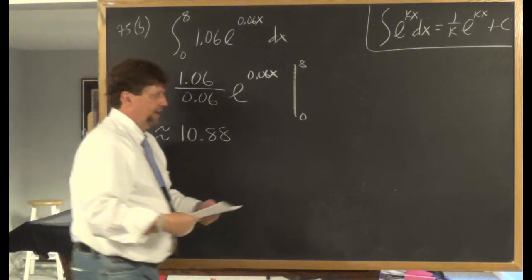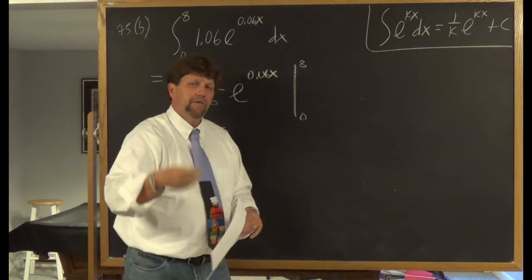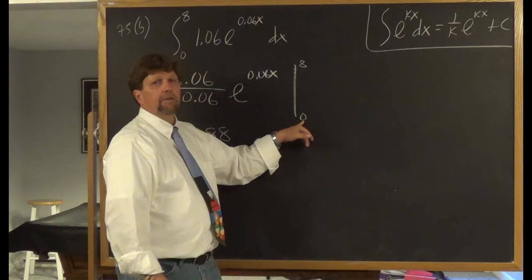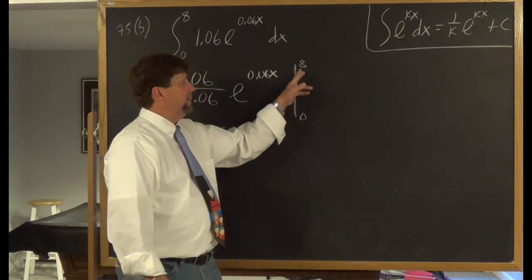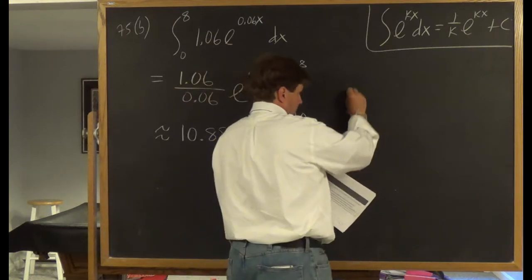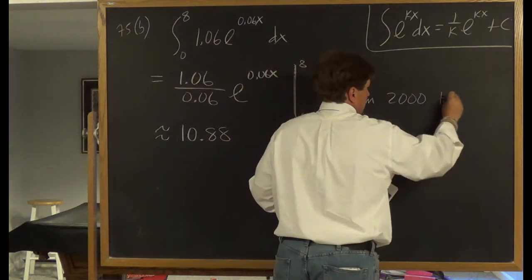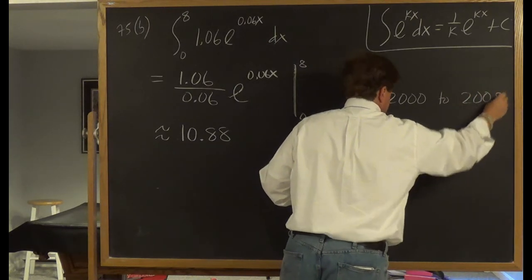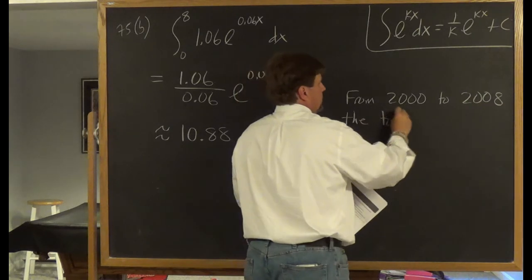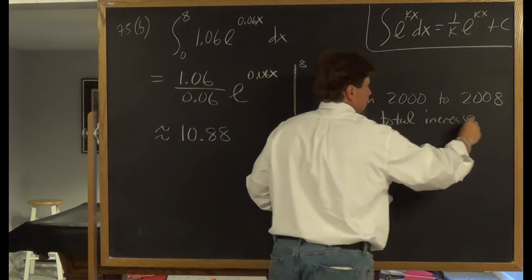Time for the interpretation. I'll write the interpretation here. So x represented the number of years since 2000. So 0 would correspond with 2000. 8 would correspond with 2008. So from 2000 to 2008, the total increase. Not a surprise to see that, huh?